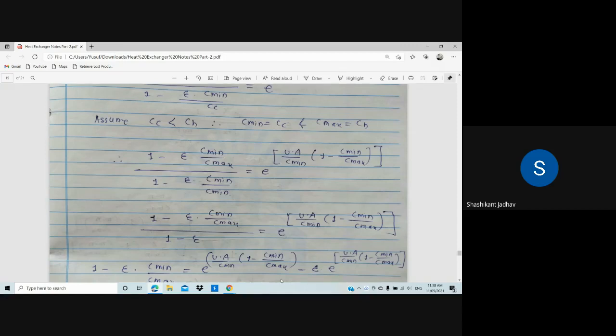Okay, so all of you write down that simplified equation: 1 minus epsilon C minimum upon C maximum divided by 1 minus epsilon is equal to e raised to u into A divided by C minimum into bracket 1 minus C minimum upon C maximum.